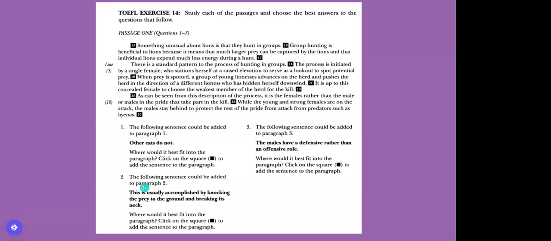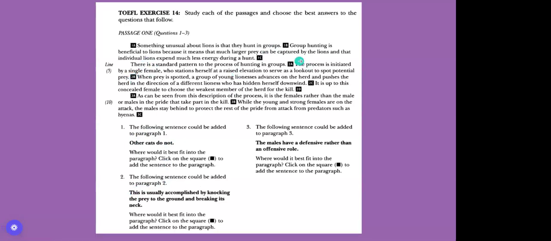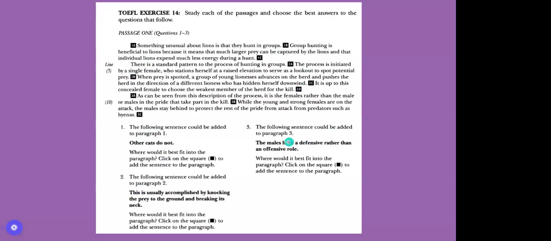Question 2, it says the following sentence could be added to paragraph 2. So where in paragraph 2, we have B, A, C, D, could you insert this piece of information? And finally, same one. Where in paragraph 3 could you insert this sentence?